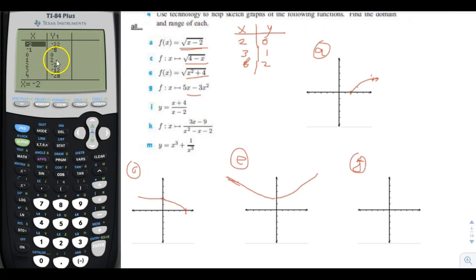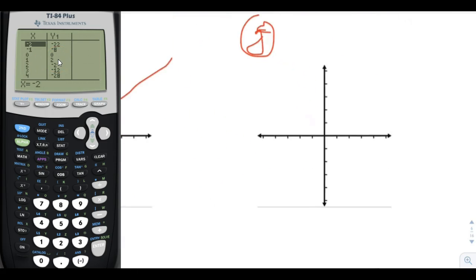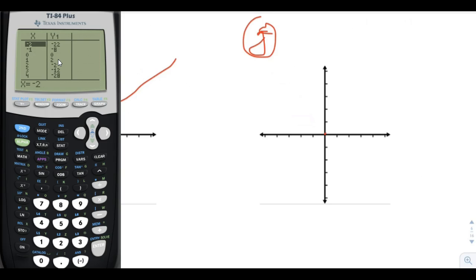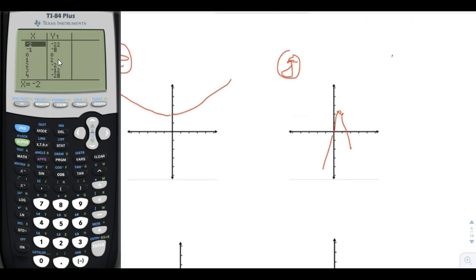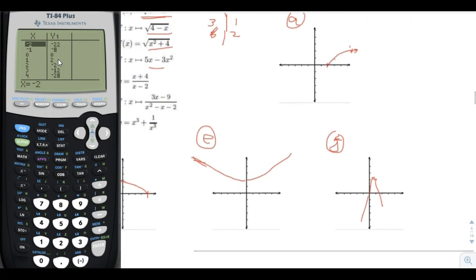Oh, it's kind of in a weird place. So we'll just graph the points that we can see. So 0, 0 is a point, 1, 2 is a point, 2, negative 2 is a point, negative 1, negative 8. Okay, so it looks kind of like that.